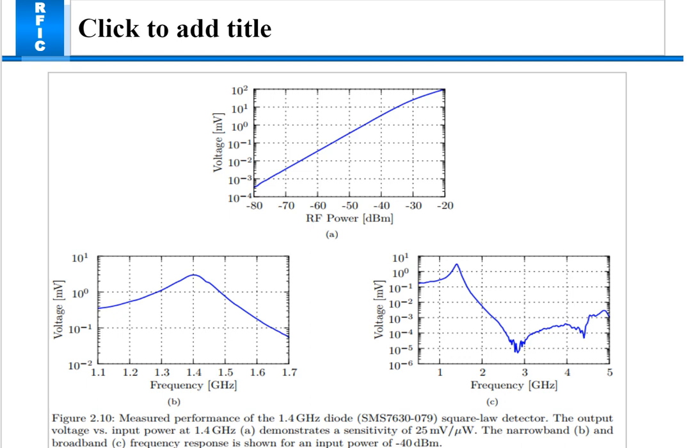It is in three graphs that are mentioned. The first graph is a demonstration of sensitivity of 25 mV per microwatt, narrow band. In the second figure, that is B, is broadband. And in the third figure, the frequency response is shown at an input power of minus 40 dBm.